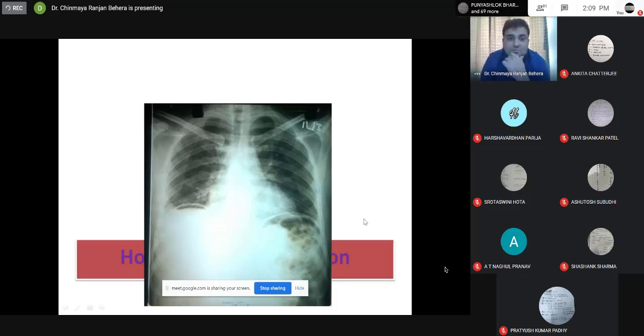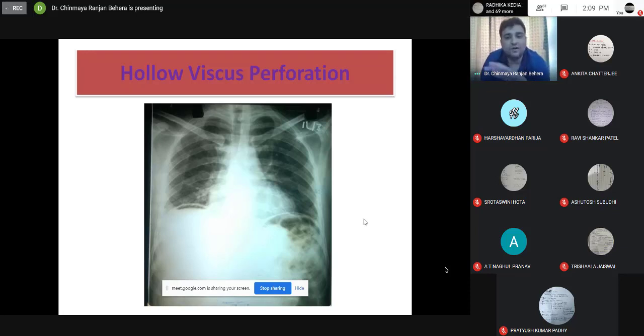Whenever there is air under the diaphragm, that suggests a hollow viscus perforation. It can be a gastric perforation, a duodenal perforation, an appendicular perforation, an ileal perforation, or a sigmoid perforation. Any hollow viscus in the abdomen can give rise to air under the diaphragm, because when the patient is upright, in an erect posture, when the X-ray is being taken, air tends to move up.